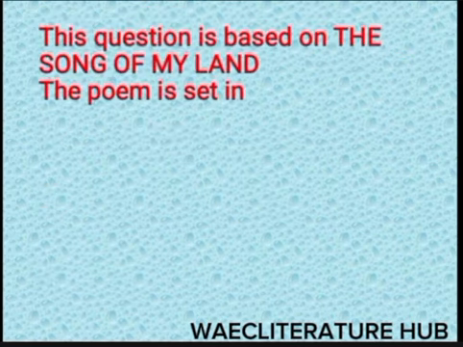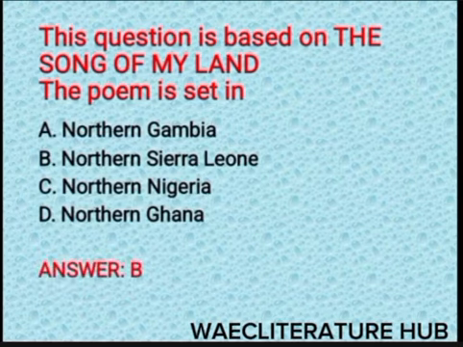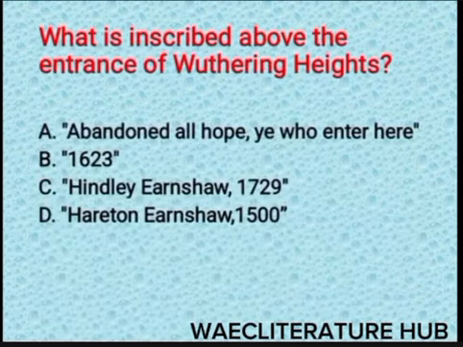This question is based on The Song of the Women of My Land. The poem is set in northern Gambia, northern Sierra Leone, northern Nigeria, or northern Ghana, and our answer is B, northern Sierra Leone. So that's the setting. They might ask you, what is inscribed above the entrance of Wuthering Heights?